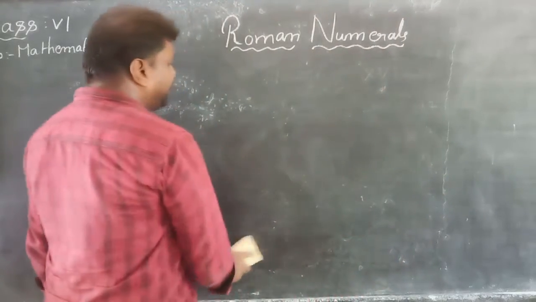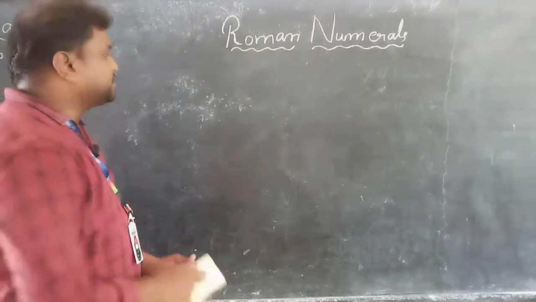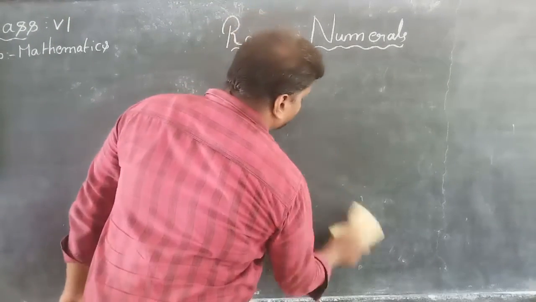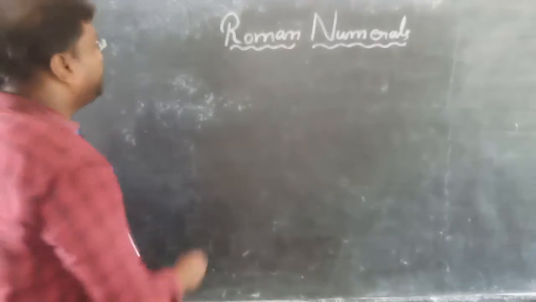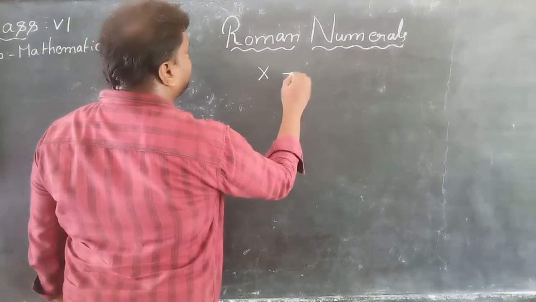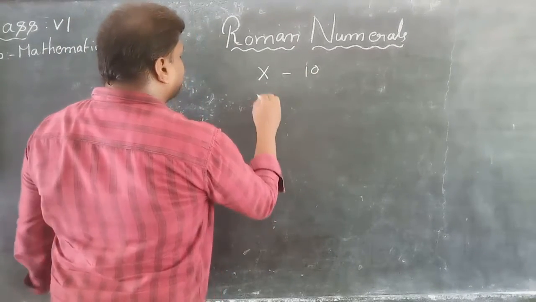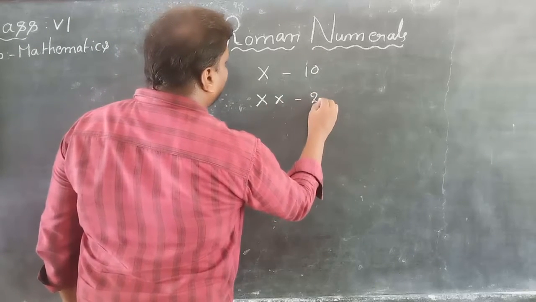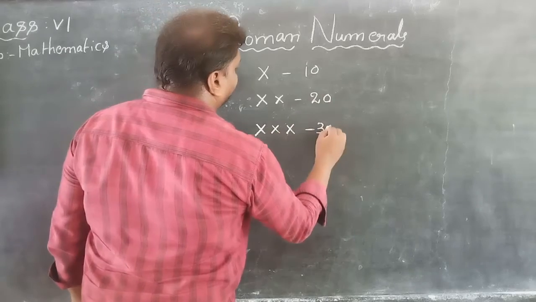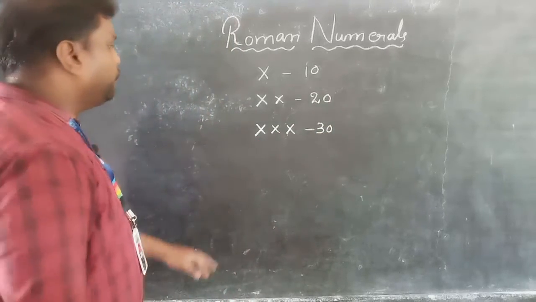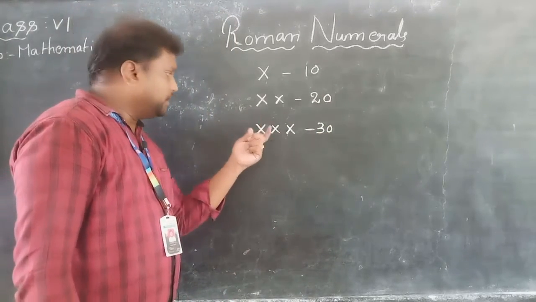Now we have completed 1 to 20. Next, see, single X means 10, double X 20, triple X 30. According to the Roman numeral rule, we write any symbol only 3 times.